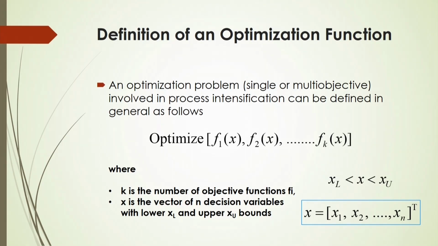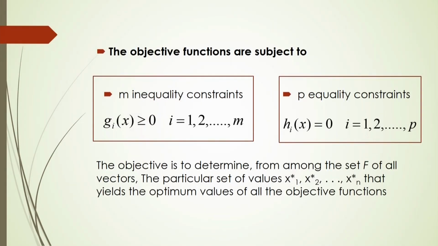Also, the limits of the decision variables should be from lower bound to upper bound, and this x should be a set like x1, x2, x3 and so on up to xn. So, this is how the optimization function can be defined. The objective functions are subject to certain constraints. So, what are those constraints?